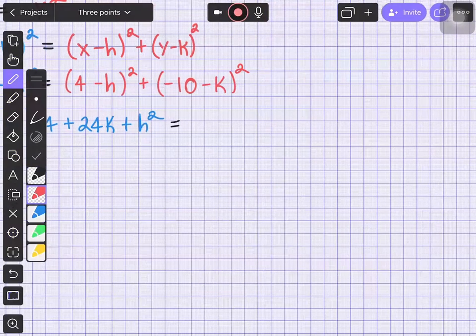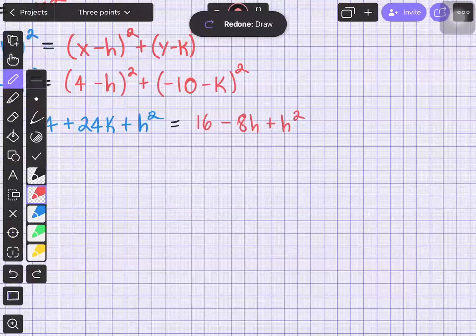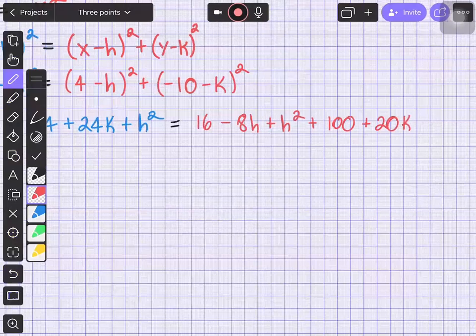let's begin. 4 squared, 4 times 2, and then h squared. This is just the first binomial. Now, negative 10 squared, 10 times 2, and k squared.